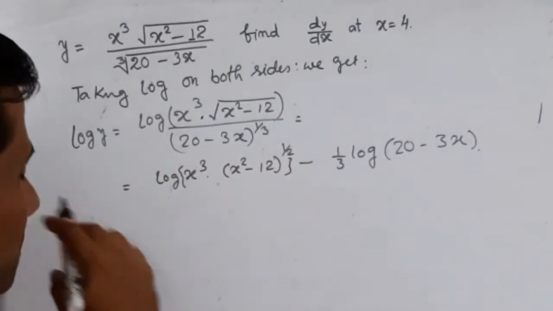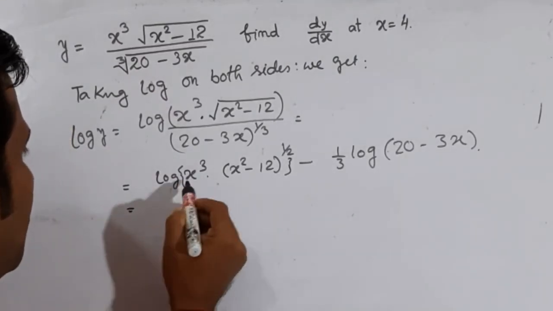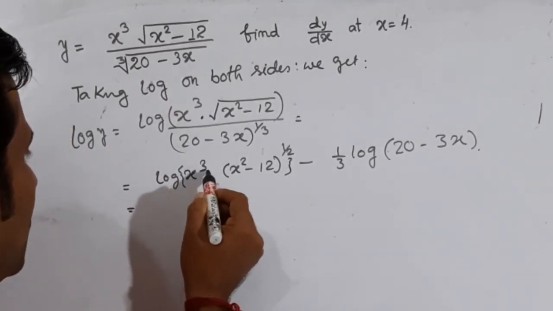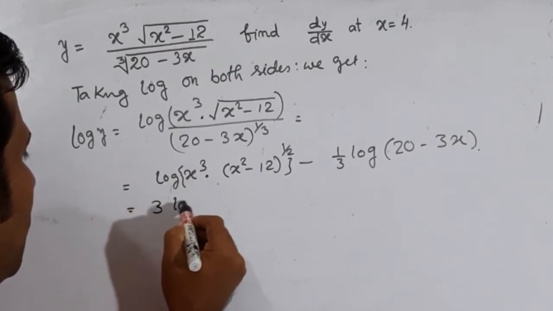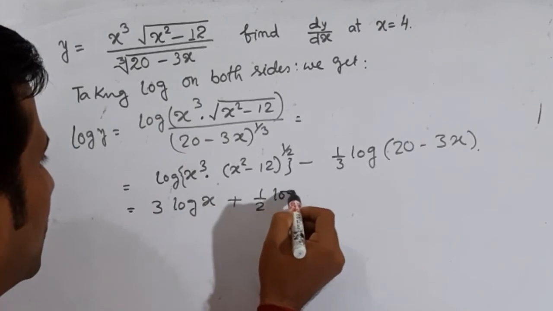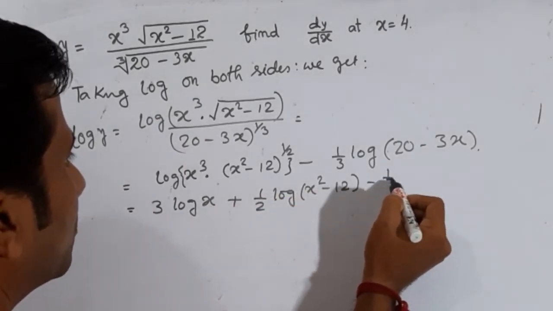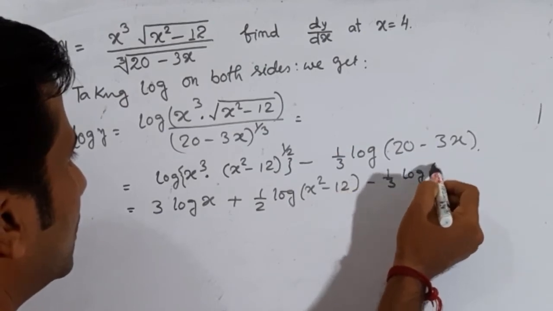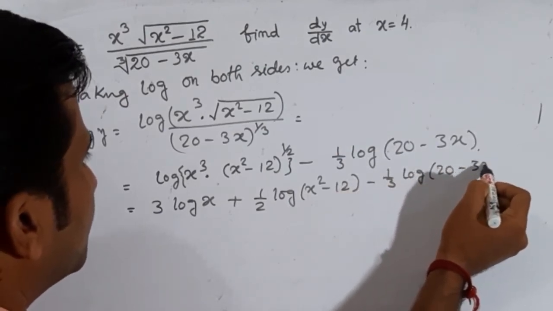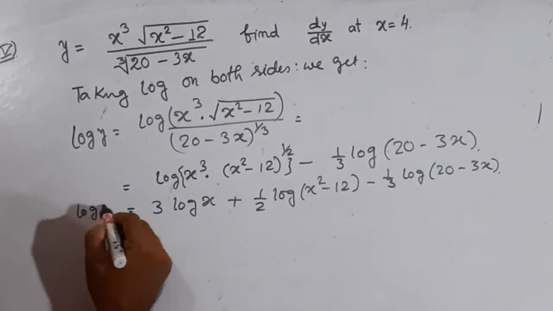Product of two numbers is equal to addition in the property of log. That means 3 log x plus half log x square minus 12 minus 1/3 log 20 minus 3x.